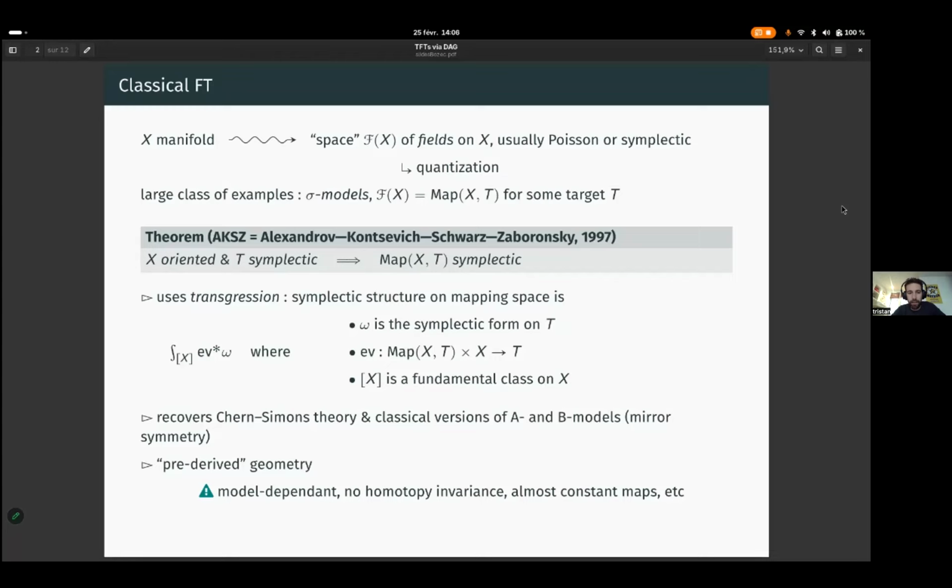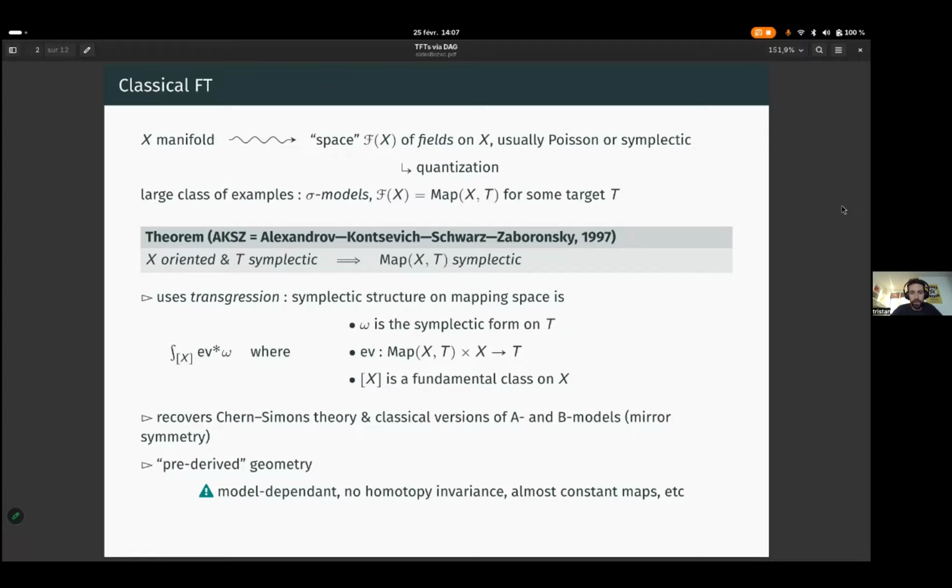The construction behind this is called transgression, and the idea will be the same when dealing with derived geometry. The aim is to transgress the symplectic structure from T to the mapping space.